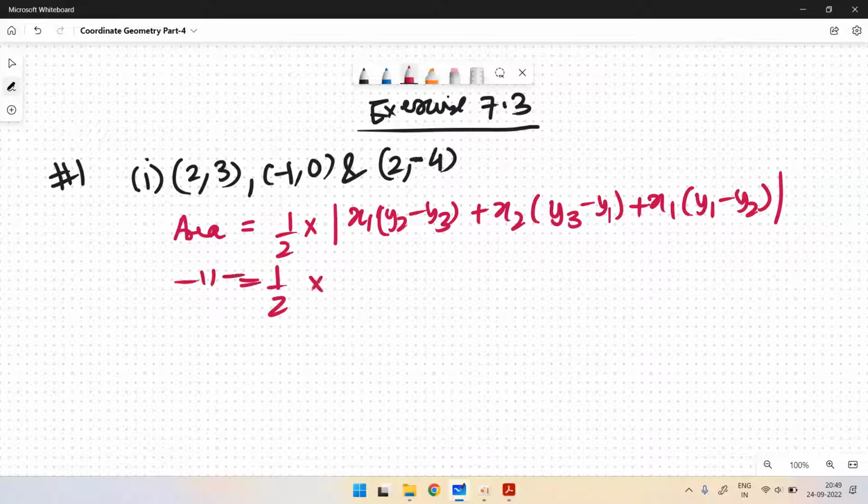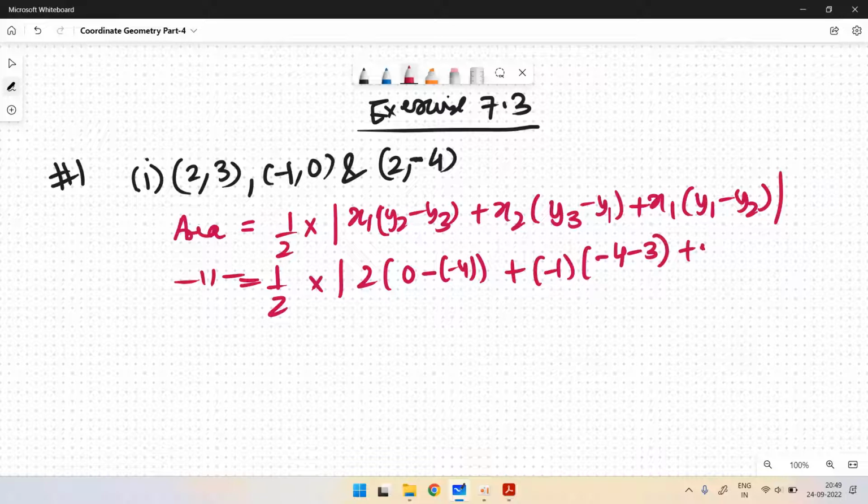I'm directly substituting: x1 is 2, what is y2? y2 is 0, minus of minus 4, plus what is x2? x2 is minus 1, what is y3? y3 is minus 4 and minus of minus 3, plus x3, sorry, x3 is 2. What is y1? y1 is 3 minus 0.